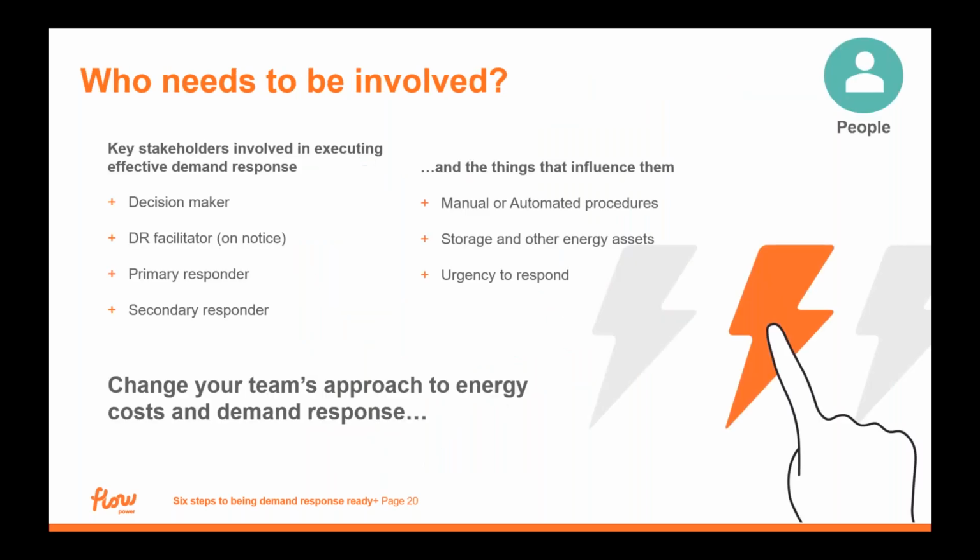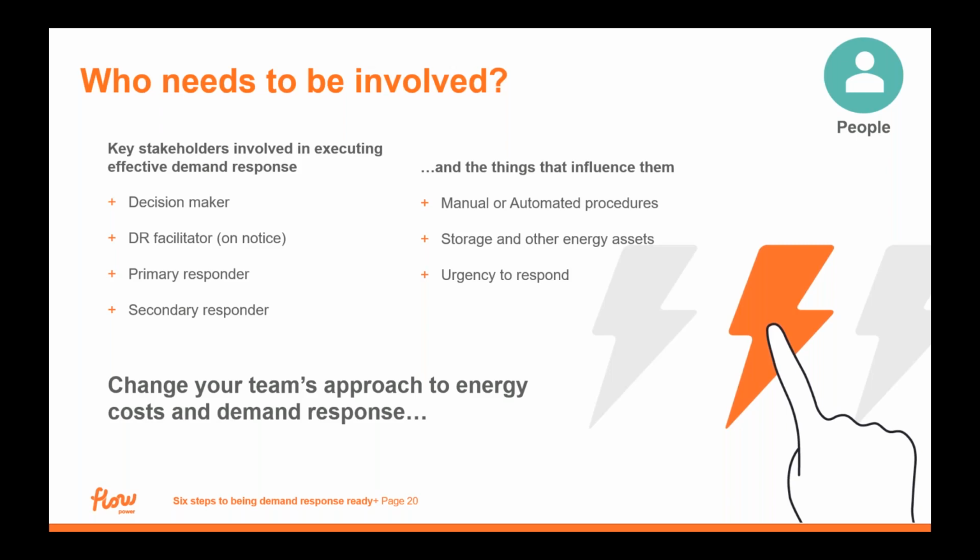So when we talk about people, this is probably one of the most critical elements in getting a demand response strategy accepted within your organization. We've seen that businesses that can align all of the key stakeholders, get their values aligned on demand response, are much, much more successful at actually implementing demand response.